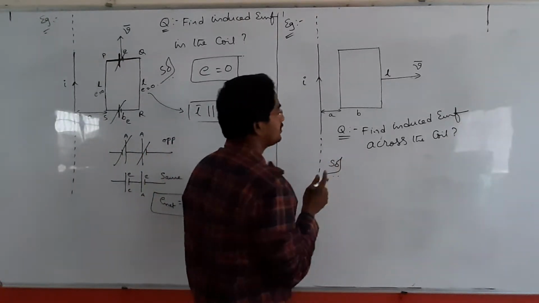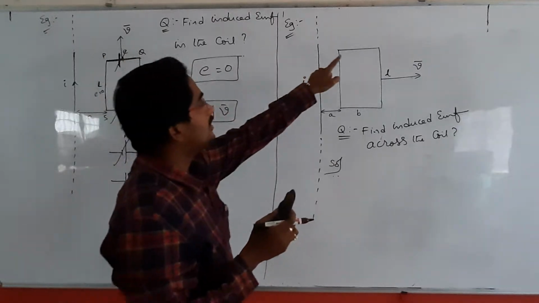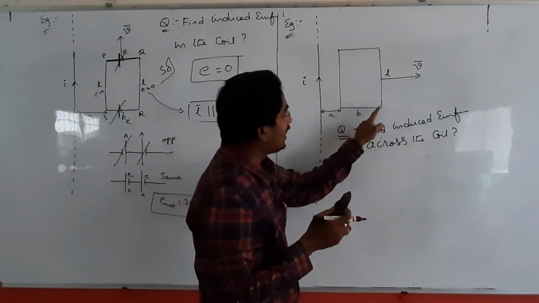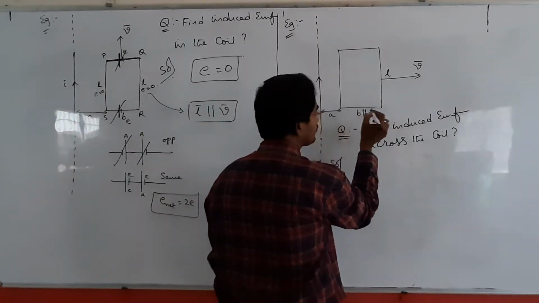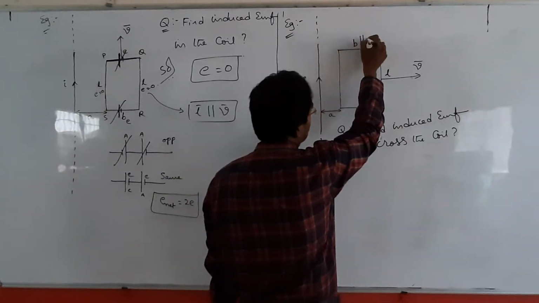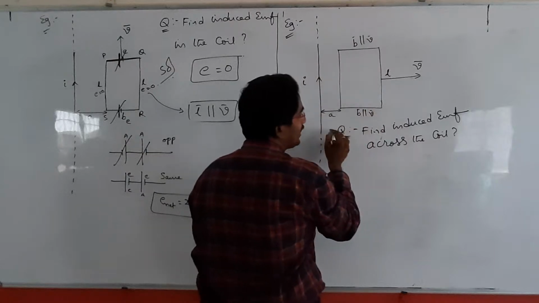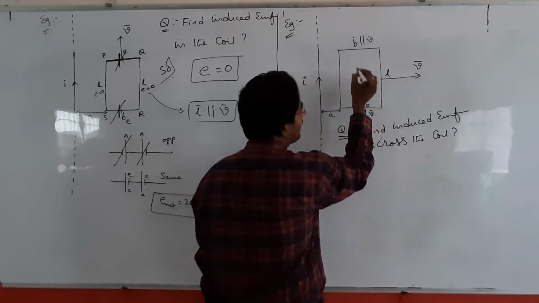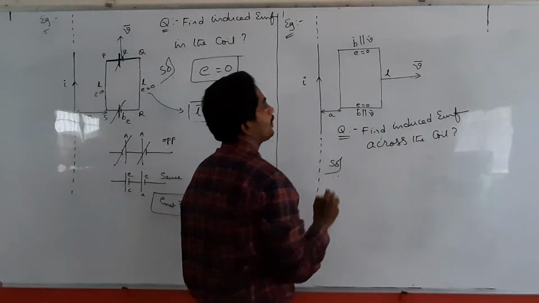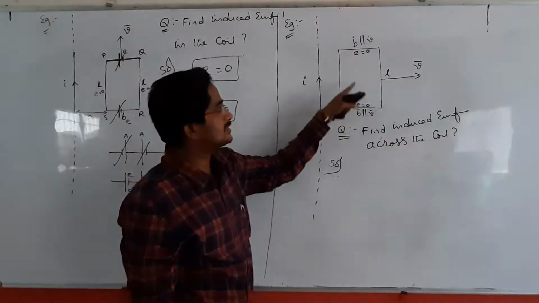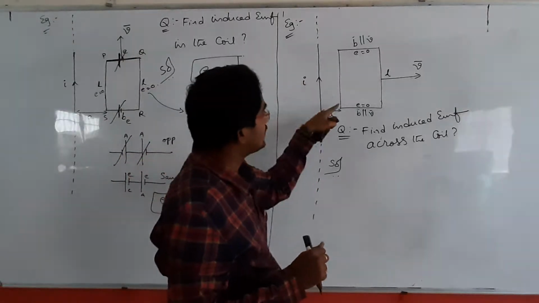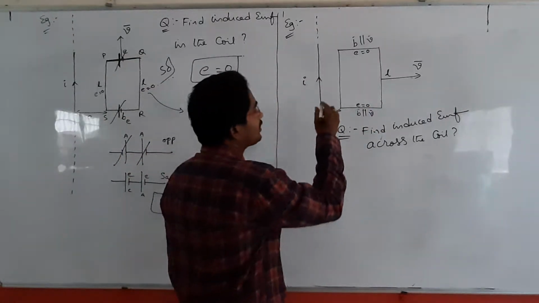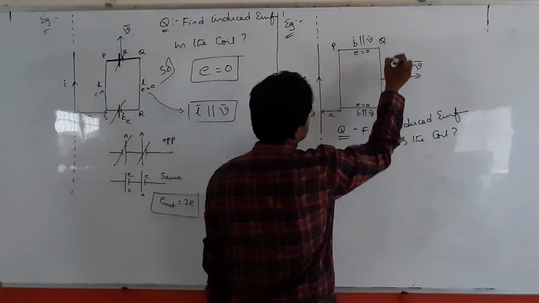First, as I told earlier, here the breadth is parallel to velocity, both here and here. So the induced EMF is 0 for these two sides. There are two more sides, this and this. Let me mark the coil as P, Q, R, S.